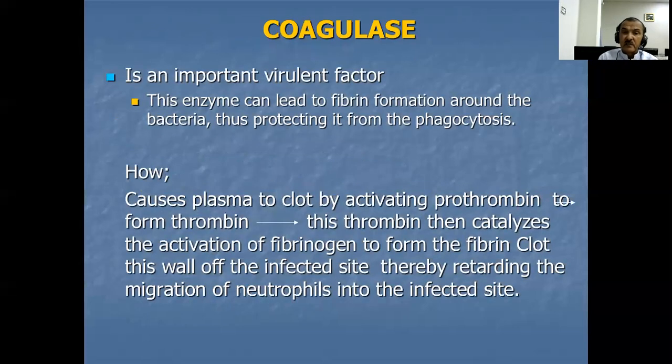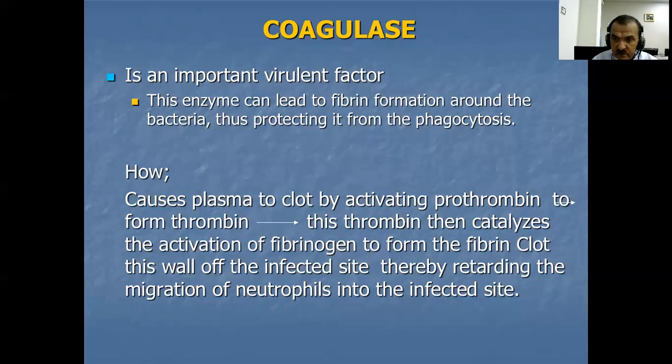Next, coagulase enzyme is an important virulence factor. This enzyme leads to fibrin formation around the bacteria, thus protecting it from phagocytosis. Means it is a virulence factor, but it is an anti-phagocytic factor. How? It causes plasma to clot by activating prothrombin to form thrombin.